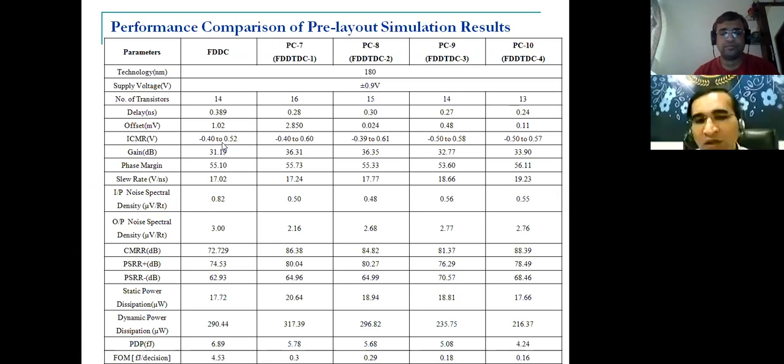But now I have listed many parameters that were not in the literature, including noise spectral density, CMRR, power, PSRR, power delay product, and FOM. From this also we can find that PC10 is a much more superior comparator compared to all the comparators in the references and all the other proposed 10 comparators.